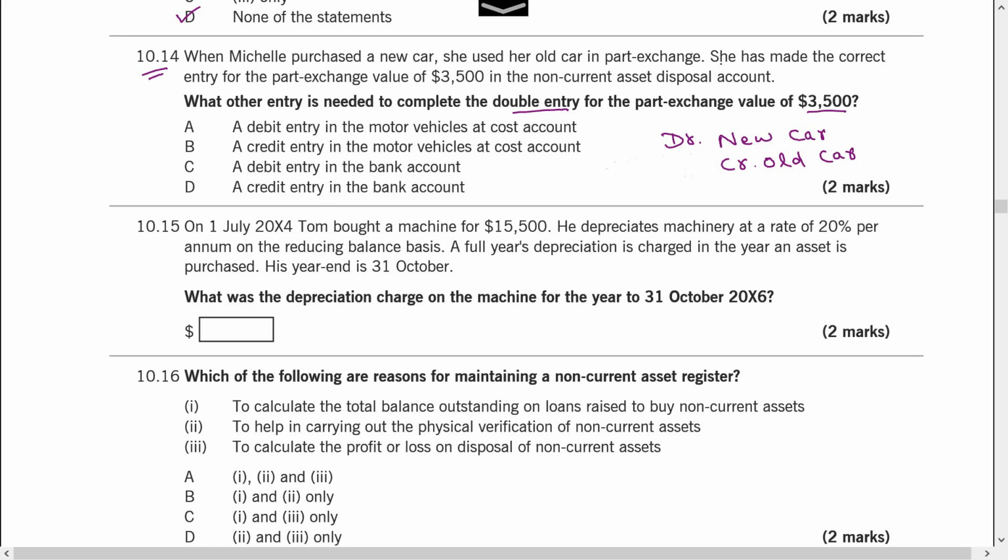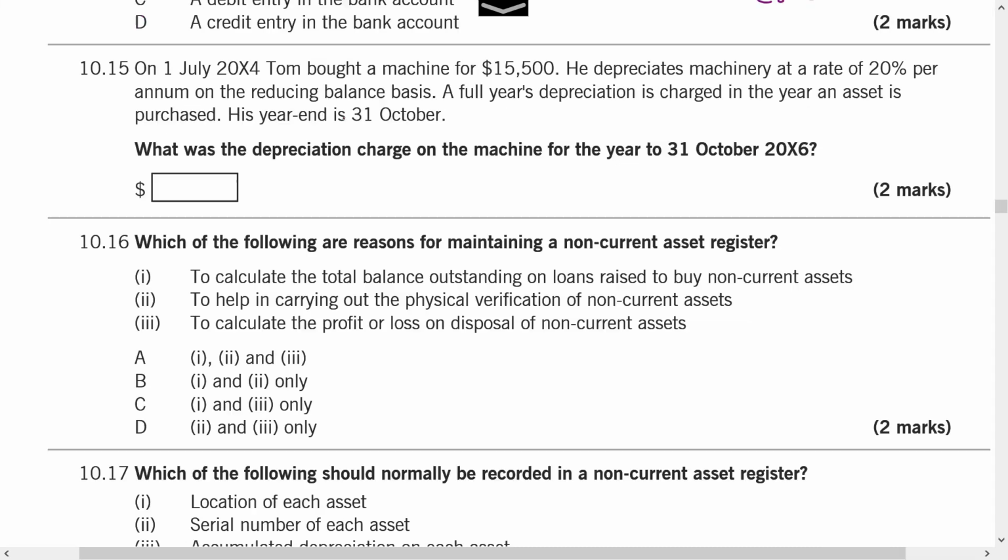She has made the correct entry for the part exchange value of 3,500 in the non-current asset disposal account. So she had recorded this entry, so that means she is required to debit new motor vehicle at its cost. So the correct option is option A.